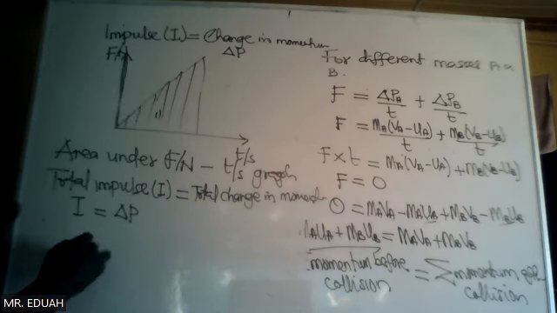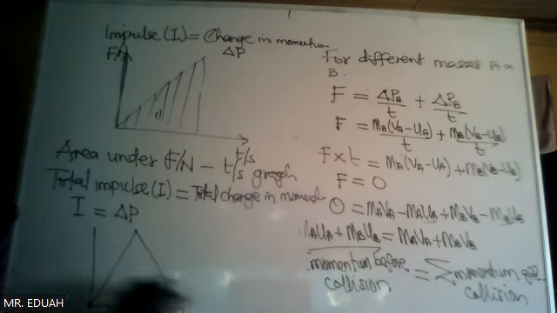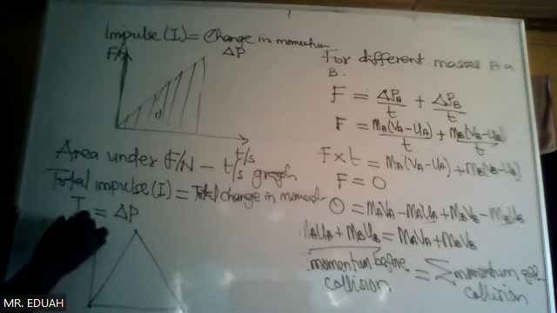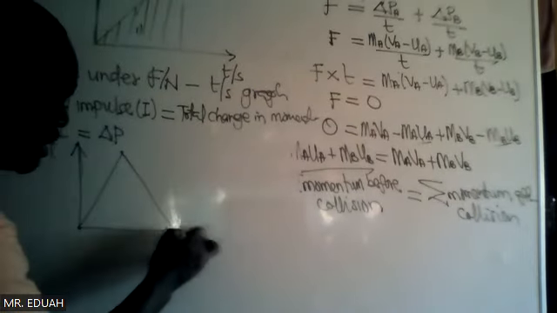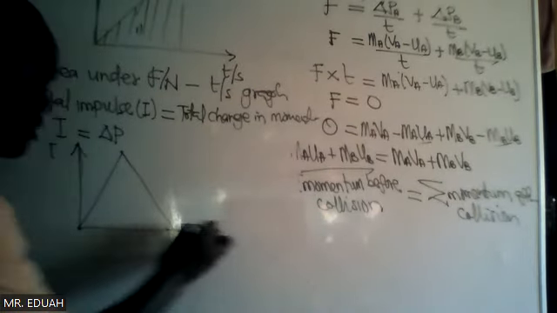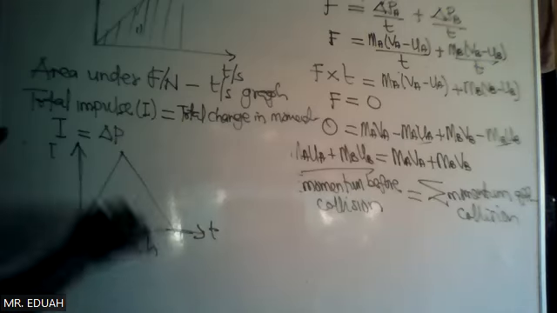Now, if the graph is plotted and the area under the graph looks like a triangle, don't forget that this area can be determined using the area of a triangle, which is half base times height.